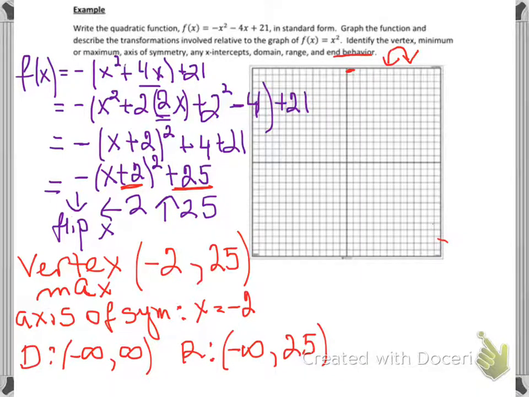Oh God, it's not working on my little tablet that I'm using. Let's see if I can easily just put a little dot. Nope. Okay, I had some technical difficulties, but I was able to plot the vertex right around where it should be. -2, 25.